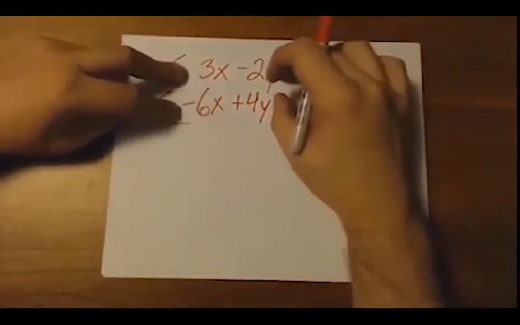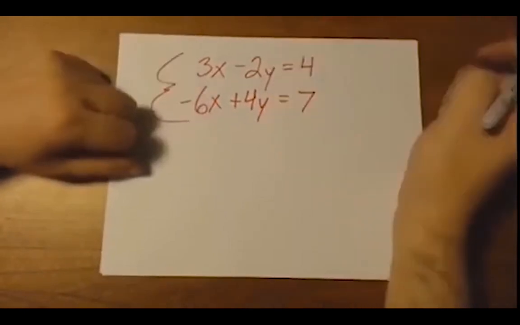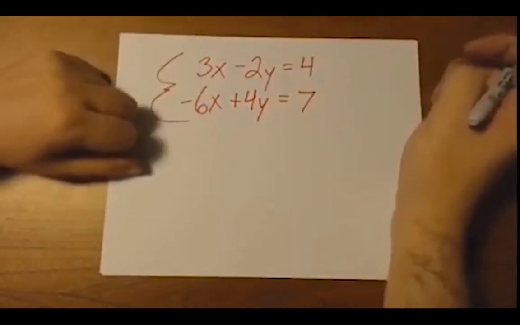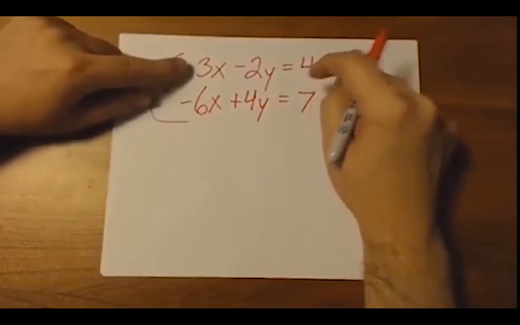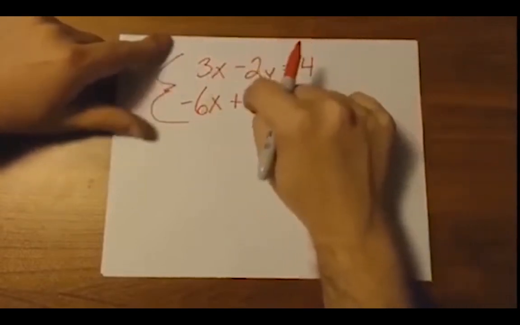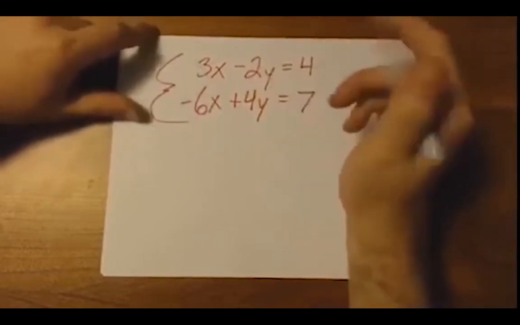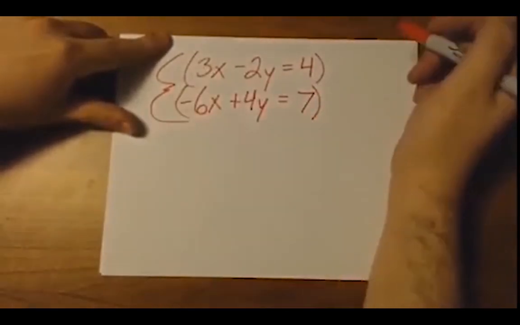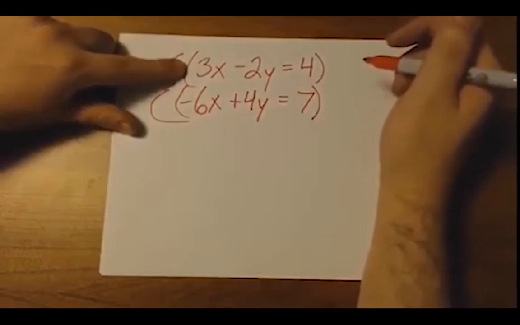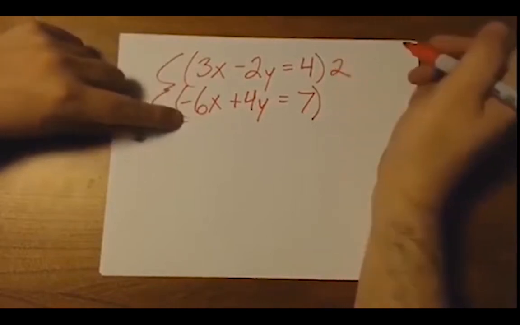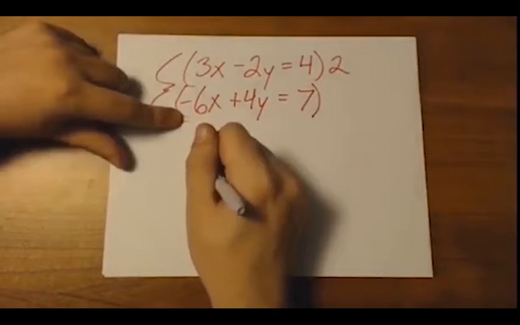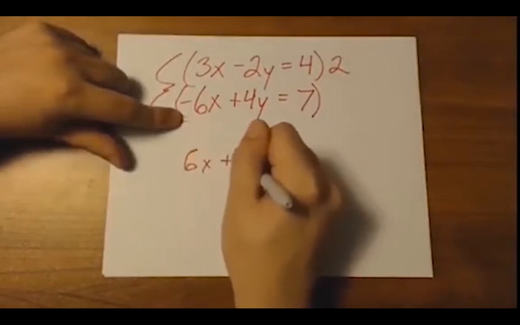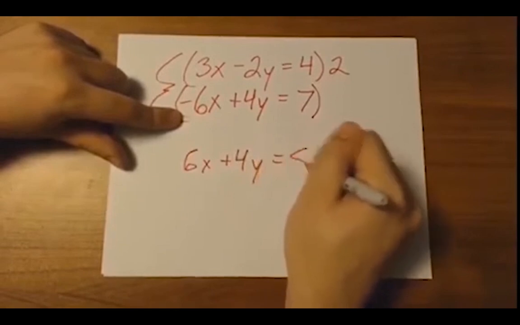Here, we can choose to eliminate the x's or the y's. Positive, negative, negative, positive, so we'll choose a positive number either way. The signs will already be different. Notice, if you multiply this first one by 2, it gives us 6x minus 4y equals 8.